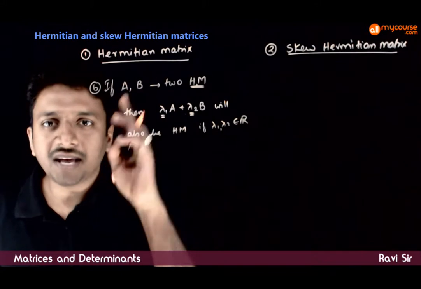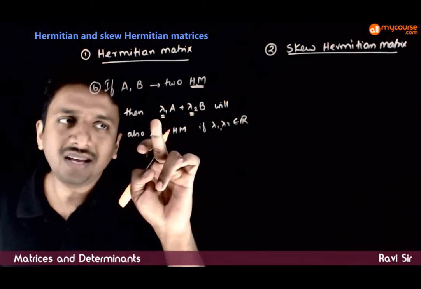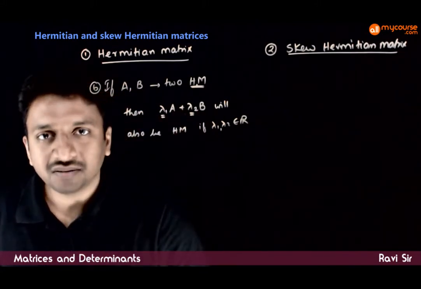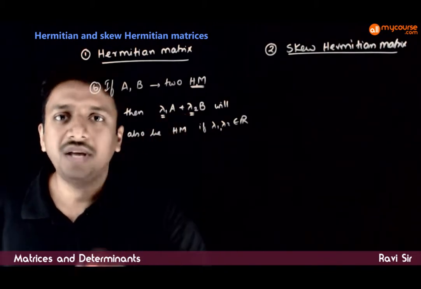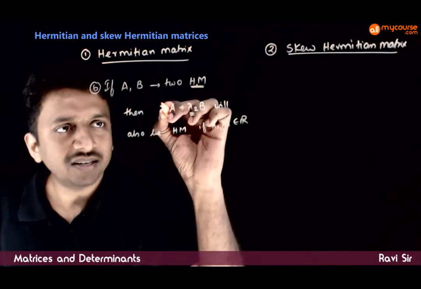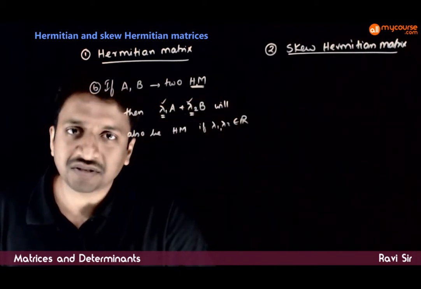So if A and B are Hermitian matrices, any linear combination of A and B, some number times A plus some number times B, will also be a Hermitian matrix, provided that the numbers are real numbers.